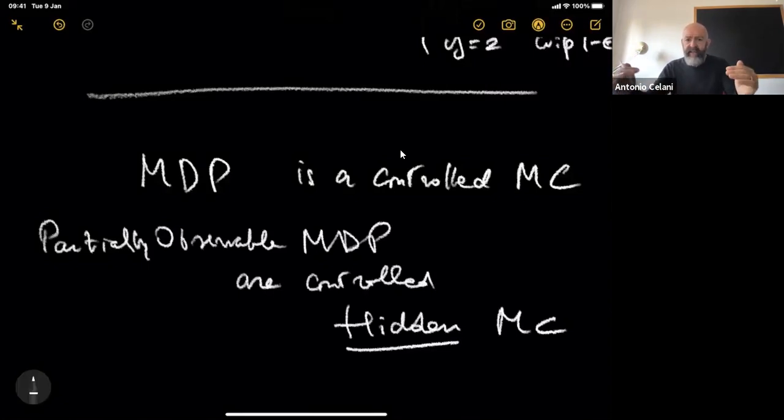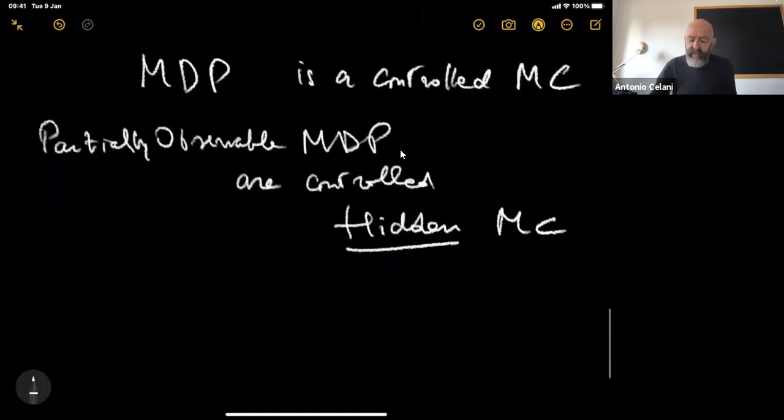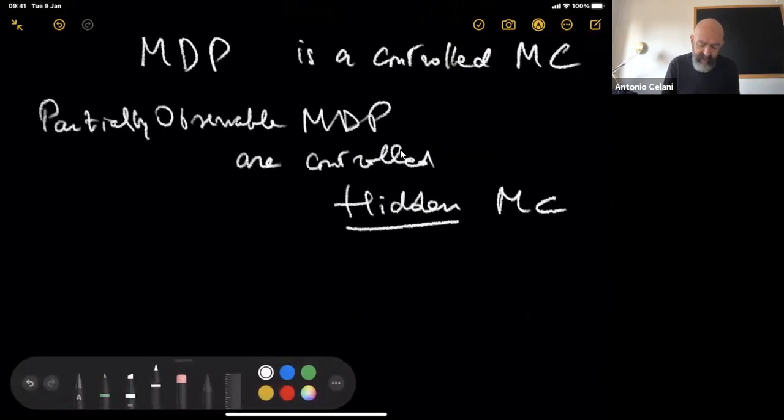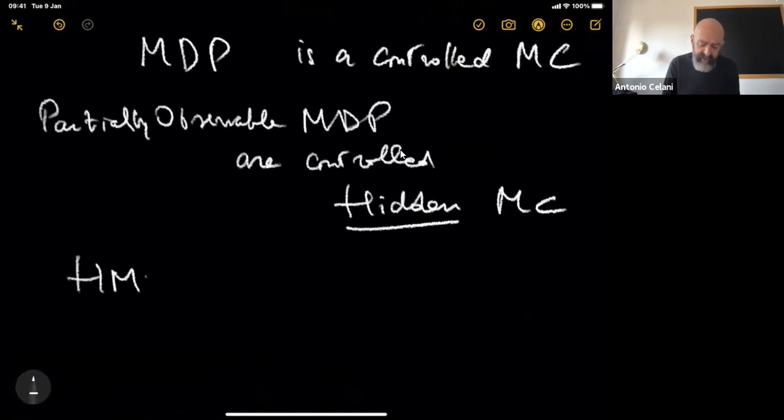Now you have a hidden Markov chain. There is an underlying Markov process which you cannot observe directly, but you observe indirectly. And you want to control this hidden Markov process. Is that clear? Does it make sense? Okay. So in order to set the stage, let's work with the hidden Markov chains first. Hidden Markov chains are also known as hidden Markov models, which is an acronym that you might have encountered.